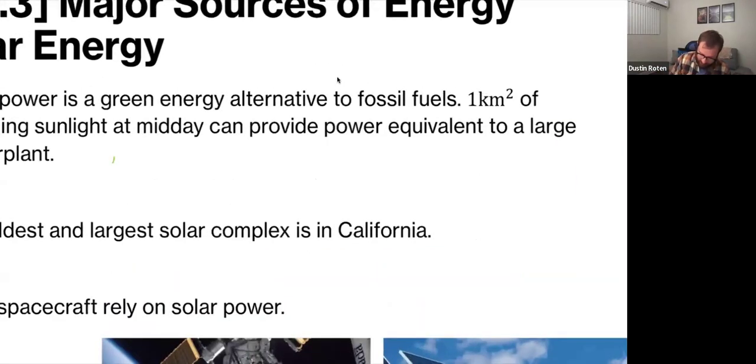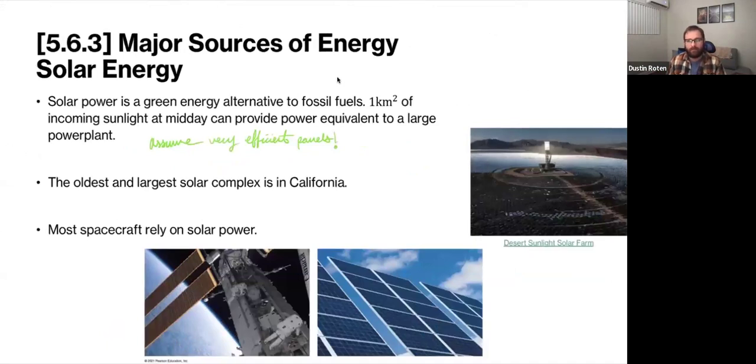So this does assume very efficient panels. But we're getting there. Panels are actually becoming more and more efficient every year, which is really nice.